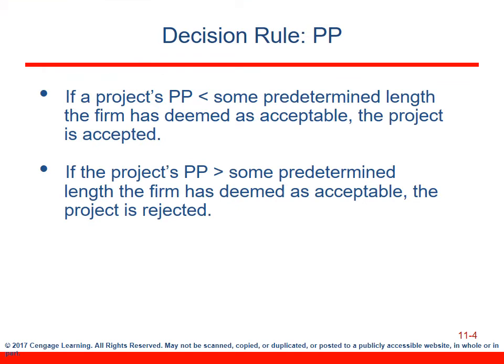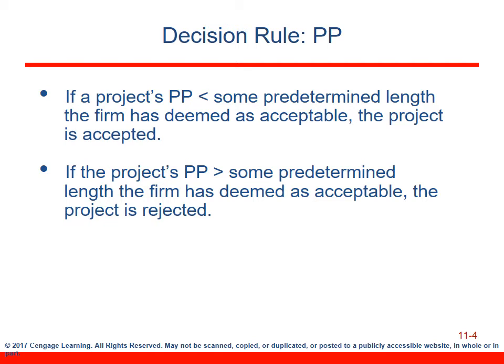Each one of our techniques we will cover in Chapter 11 will have a decision rule that will help our firms decide whether or not to accept a project or reject it.